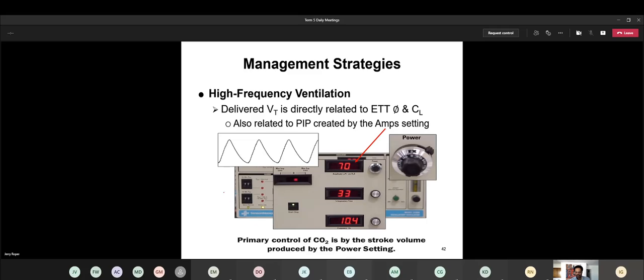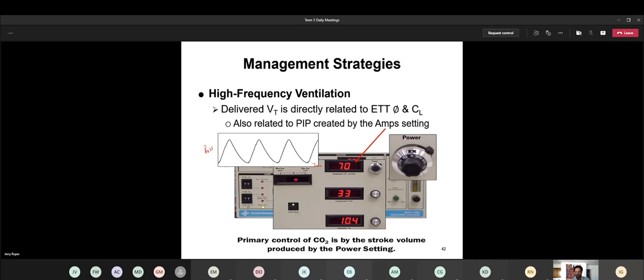So let's say that they didn't label this, but let's just say that this is your pressure-time situation. These will be your peak pressures at the very top here.